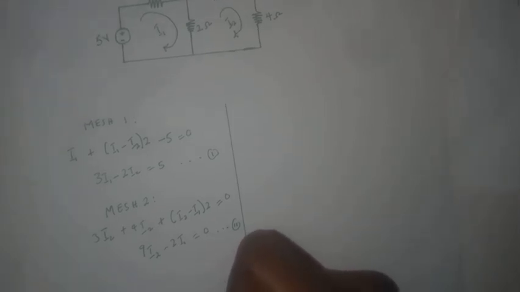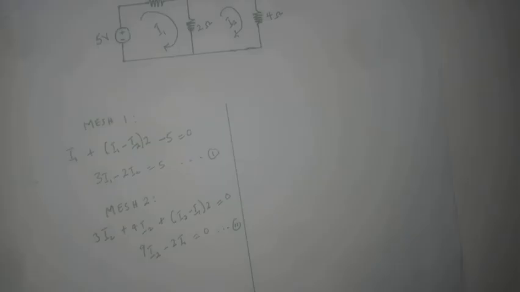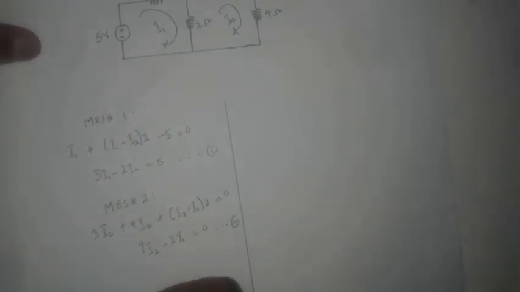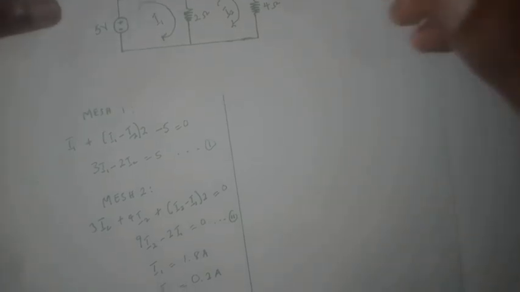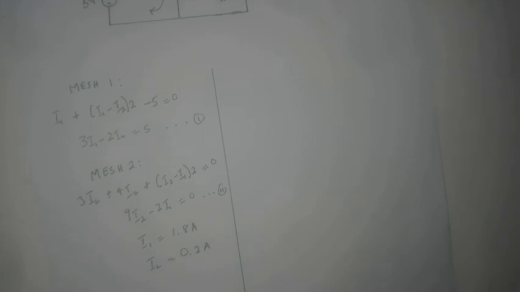And by solving them simultaneously, we would arrive at the value of I1 equal to 1.8 amperes and the value of I2 equal to 0.2 amperes. And that is how we find the mesh currents using mesh analysis.